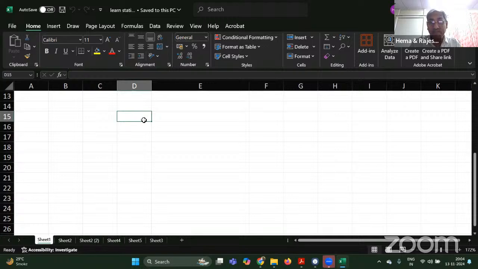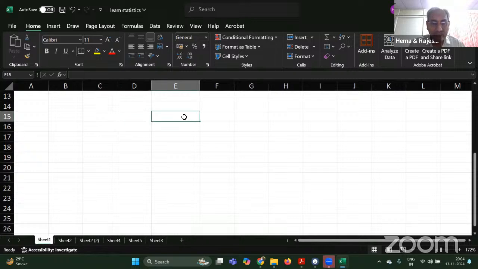I will start with one example where you can use a chi-square test, or you can use standard error of proportion also, standard error of the difference between two proportions. Let's start with a simple example, and then we'll understand.